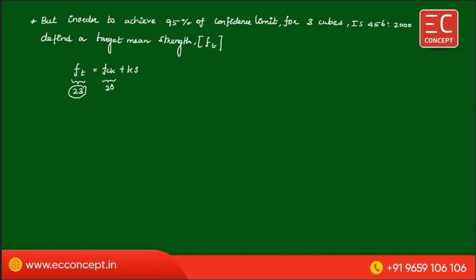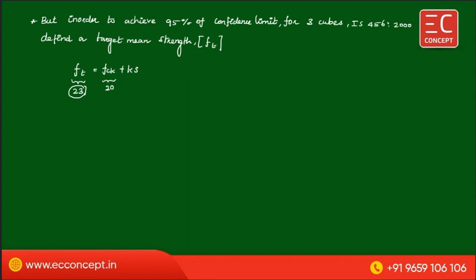That means you can achieve 20 Newton per millimeter square of FCK. That is what IS 456 says. If the cube is designed as 23 Newton per millimeter square, then we can achieve at least 20 Newton per millimeter square characteristic compressive strength. That is the meaning.